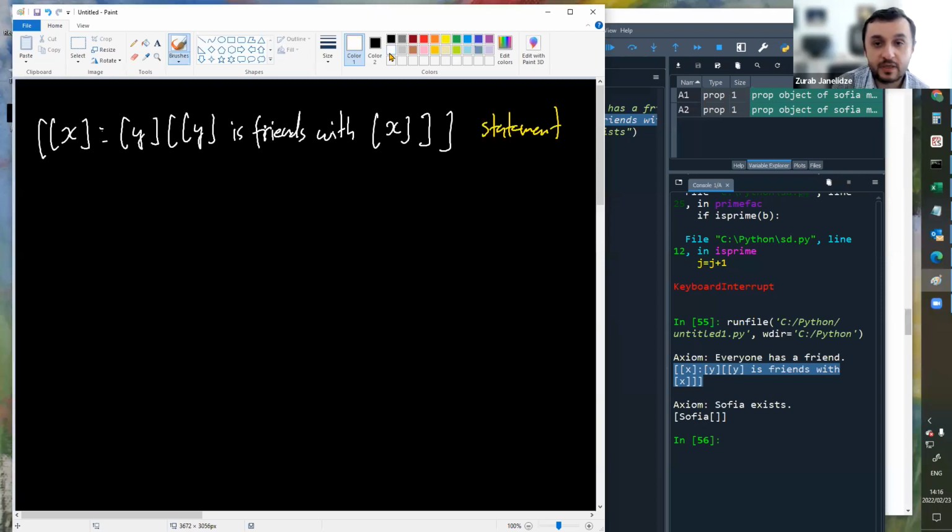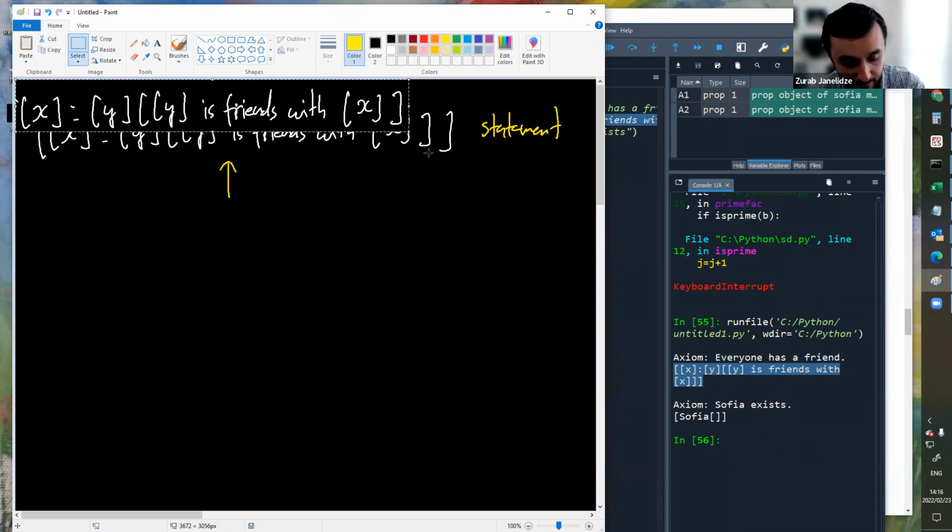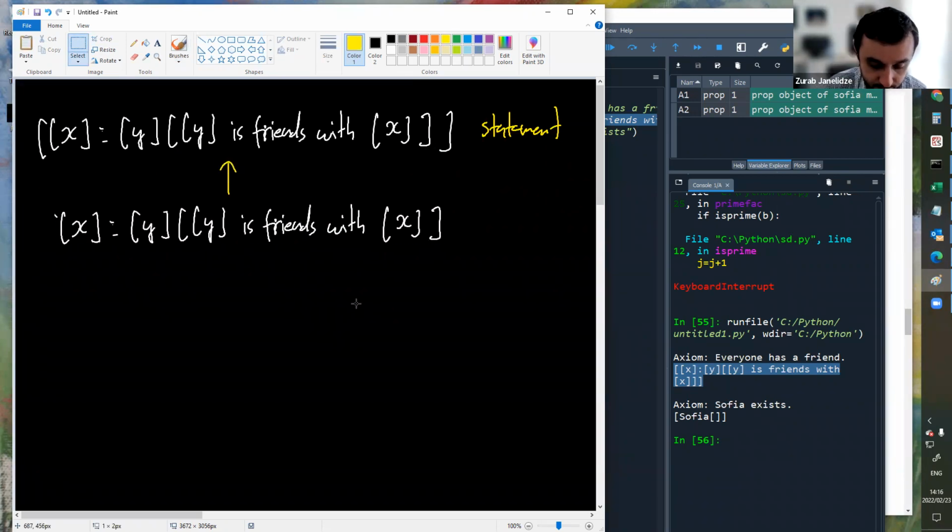And being a statement, which inside it has a formula, it decomposes into that formula. So it's one step here only, where we just extract that formula out from the statement. So here we have a formula.